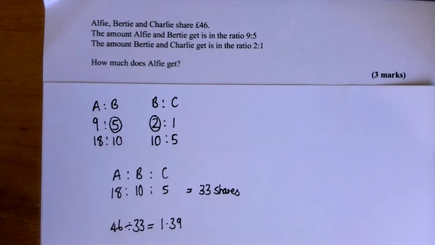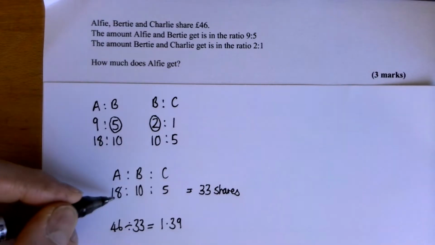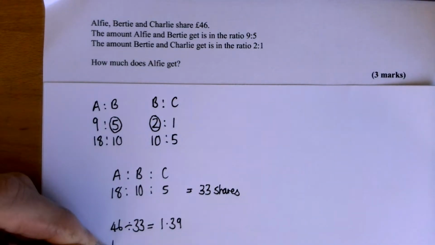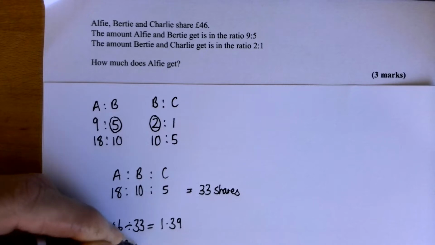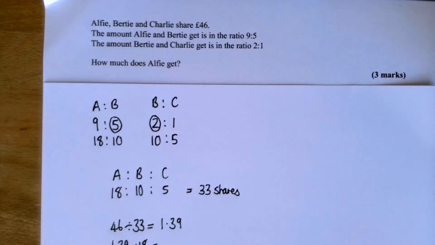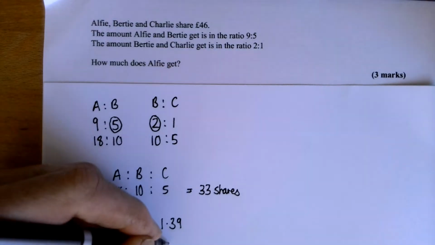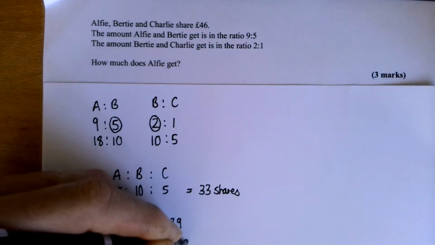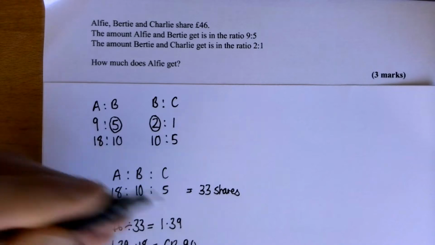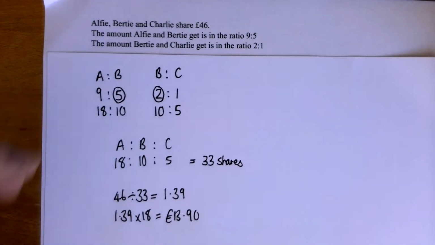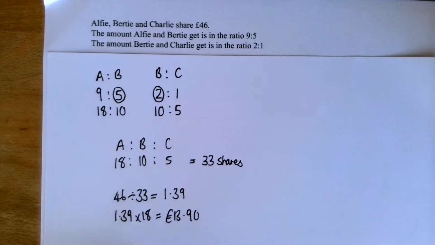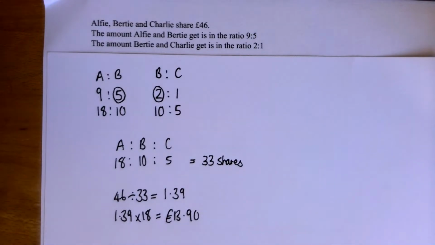And therefore Alfie will get 18 times that. £1.39 times 18, so he gets £13.90. Sorry, I've chopped that off. There you go. This is a rounded value, but there we go.